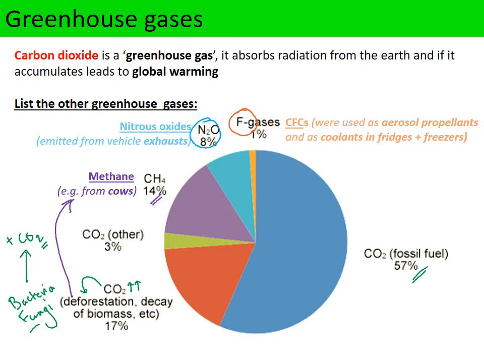Now, CFCs have actually been banned because they did start to deplete the ozone layer, but quite often in the coolants and aerosol propellants, we do still find what are called hydrochlorinated fluorocarbons, HCFCs, and these can pose somewhat of a problem in terms of greenhouse gas accumulation in the atmosphere.